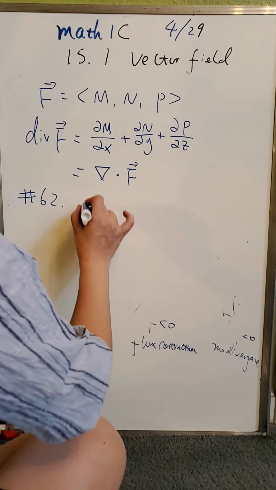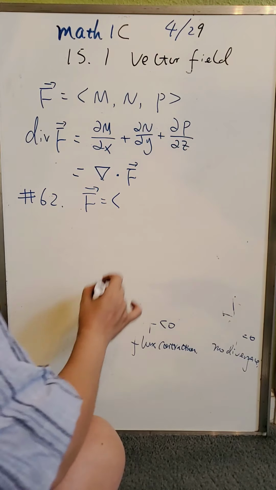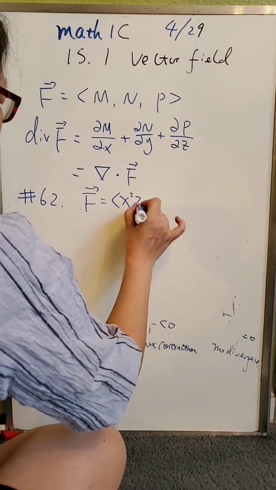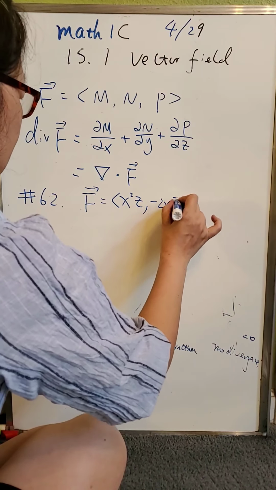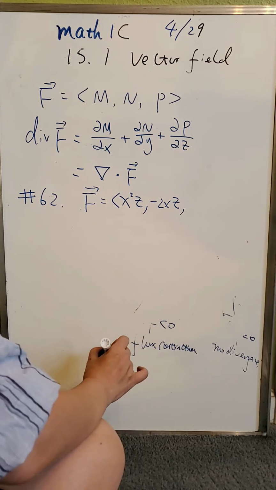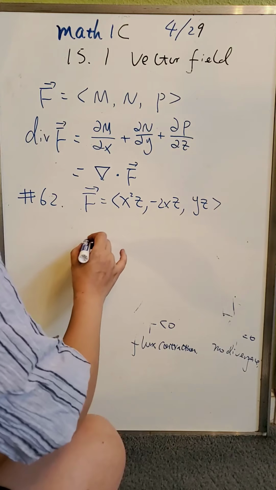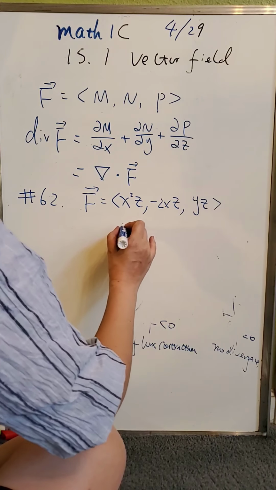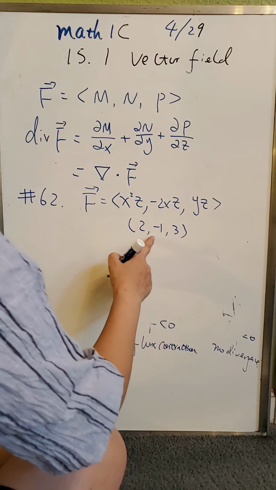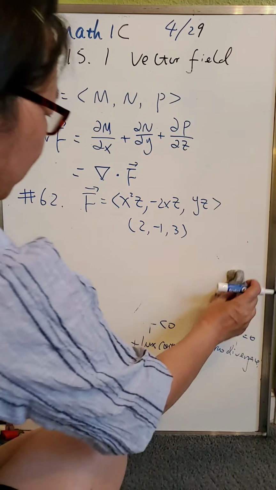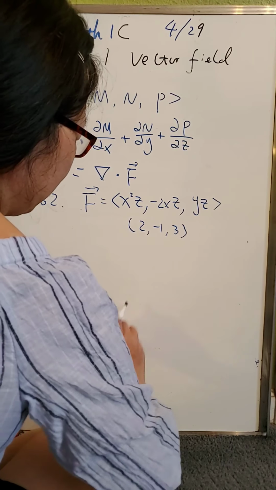So let's do example number 16. We have F equal to x squared z, negative 2xz, and yz, at the point 2, negative 1, and 3. They ask, what is the divergence at that point?